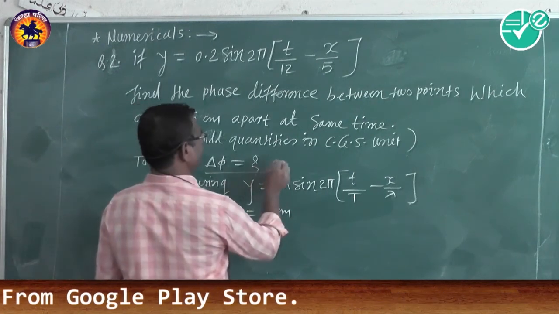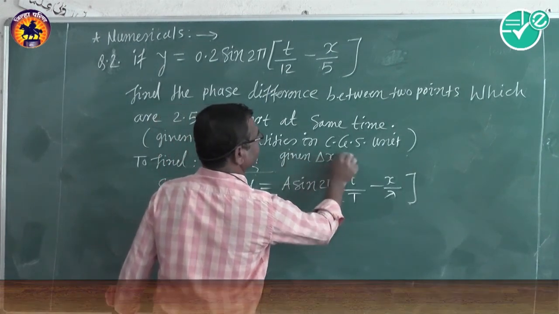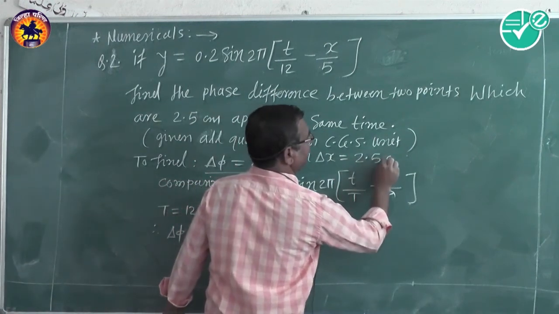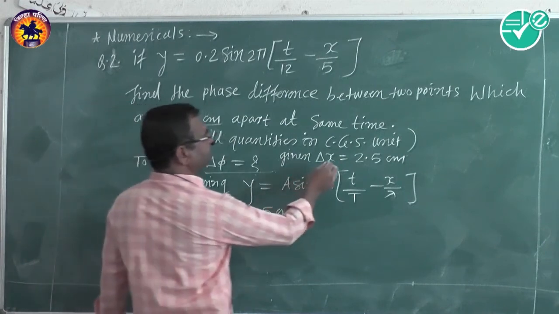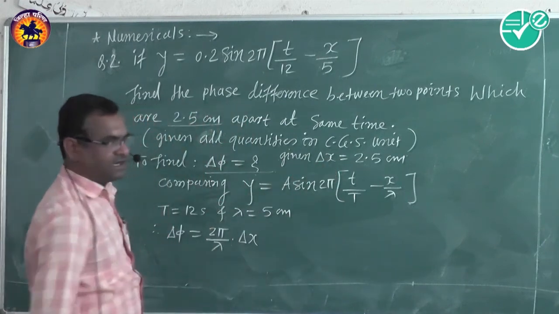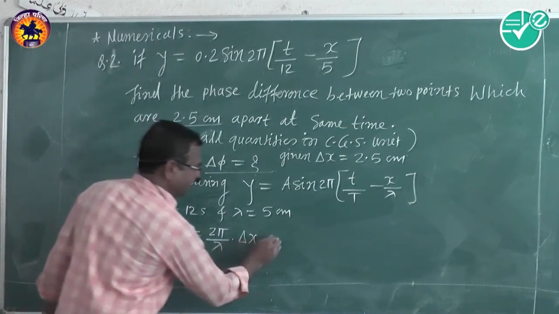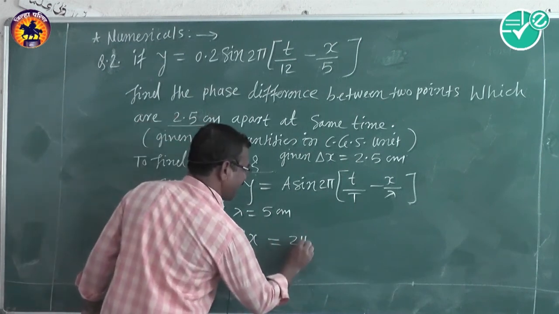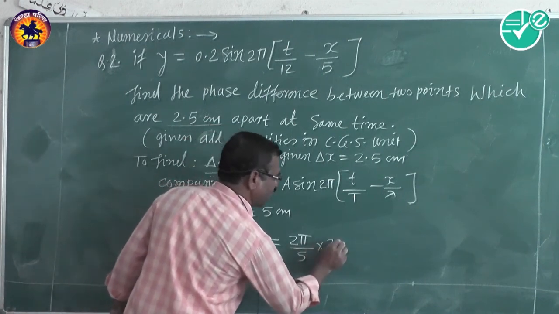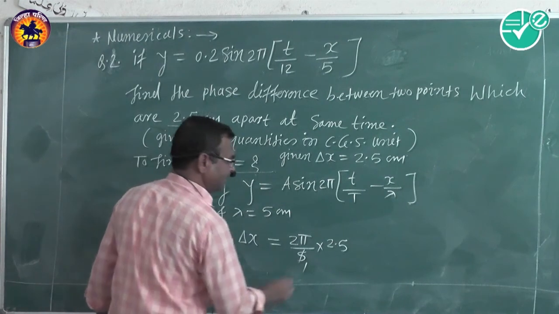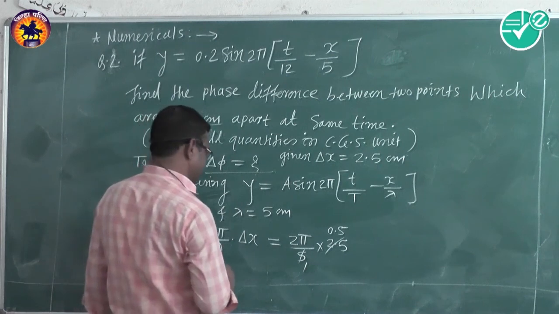We are given delta x is equal to 2.5 centimeter. This is the path difference. Put the values, then we get 2 pi upon lambda 5 into delta x 2.5. 5 ones are 5, 5 fives are 25, so we get 0.5.